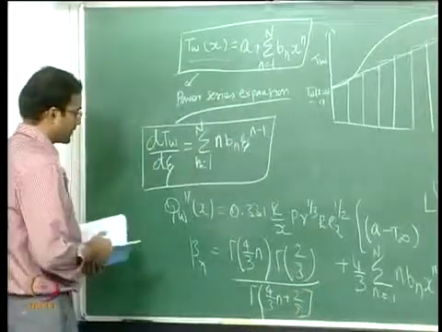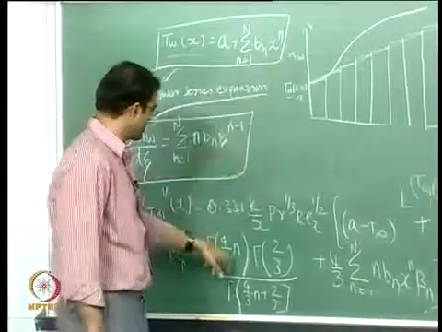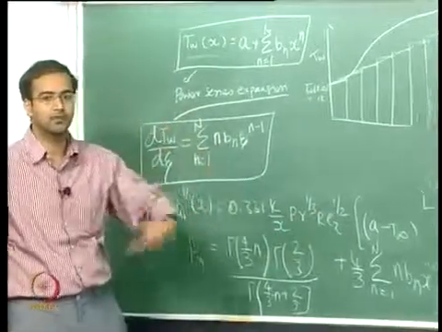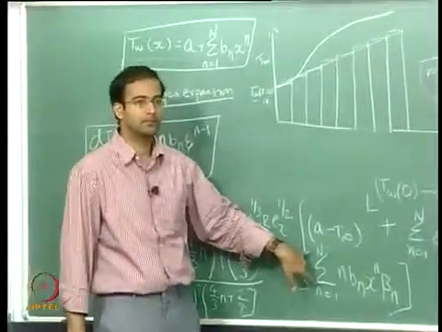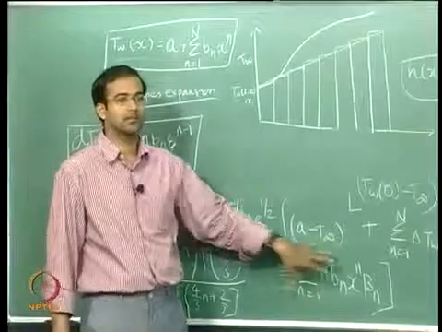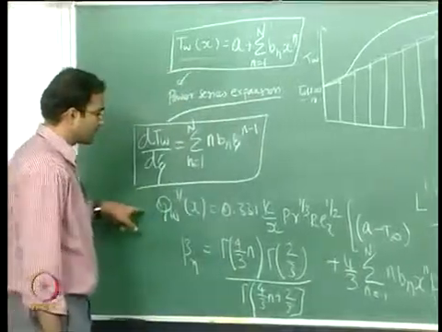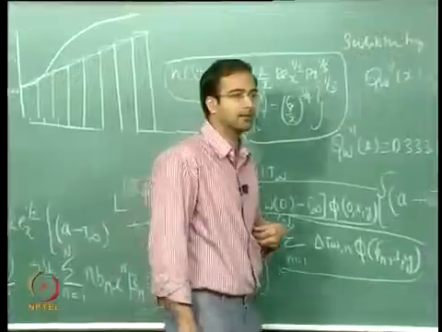Okay, so depending on the value of n that you use, the value of beta will change, and then you have to sum them over all the values of n. So suppose you are using 5 terms, you have to sum them for each value of n, and for all the 5 terms you have to sum them together. And that will give you the variation if you have a more complicated profile.